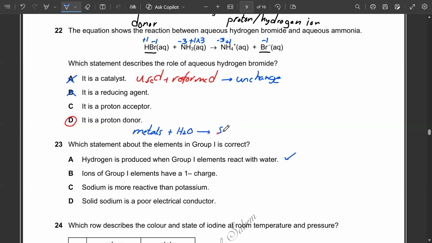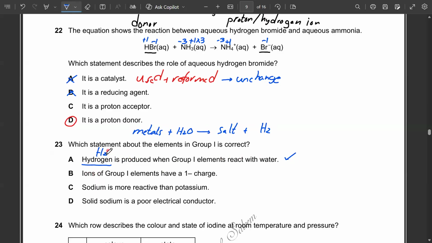One is the salt and the other one is hydrogen gas, H2. And this is what we write here: hydrogen is produced, H2 is produced. So for the time being, I will consider this statement correct because I will need to check the other statements.